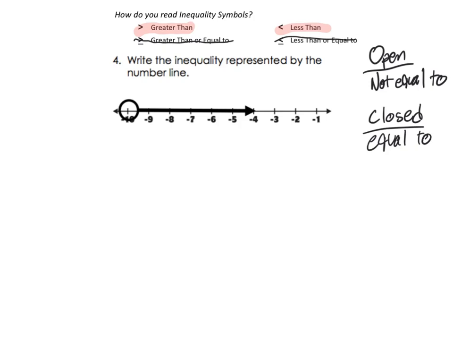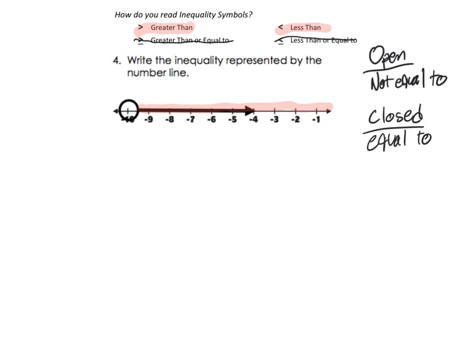We can see that all the numbers to the right of negative 10 are bigger. Negative 10 is the lowest this goes. It stops there with that open circle. Everything to the right is what x could be.